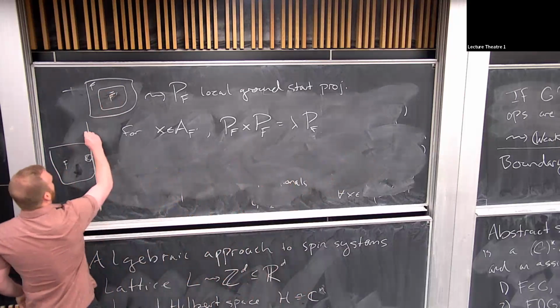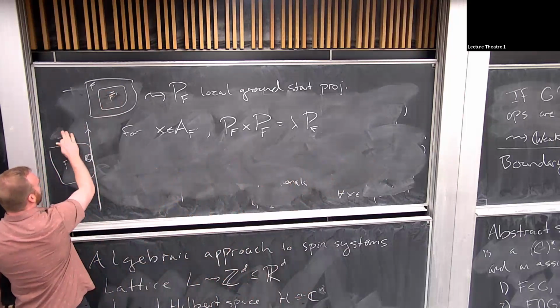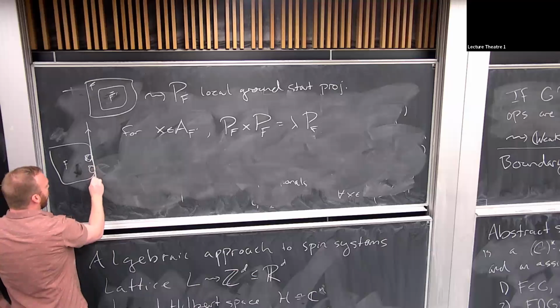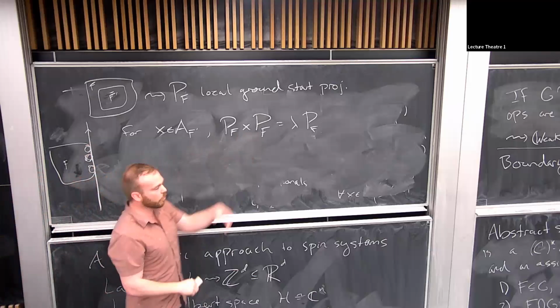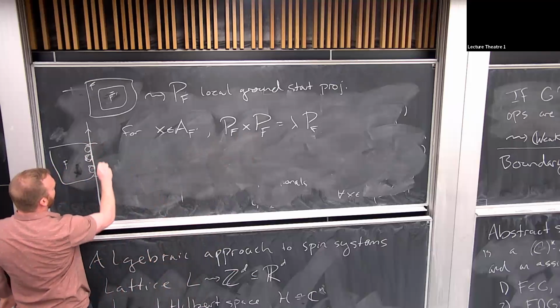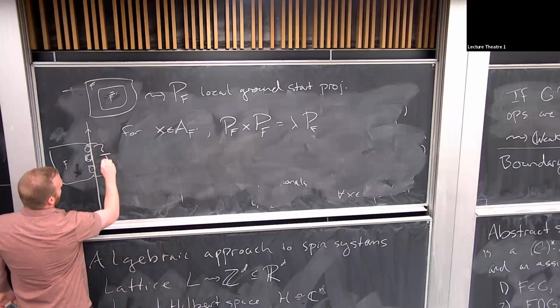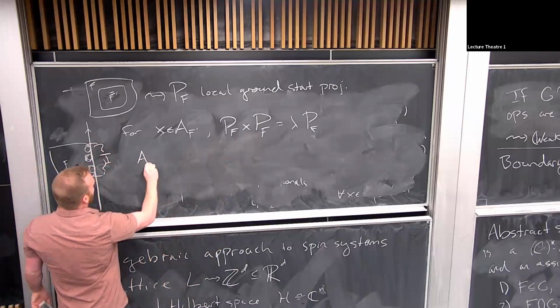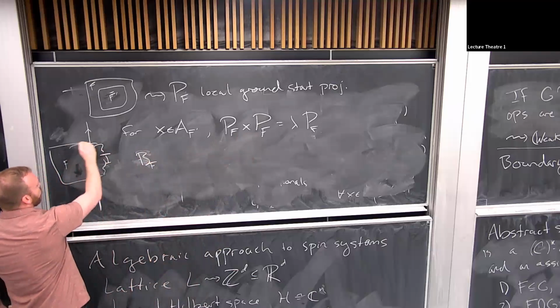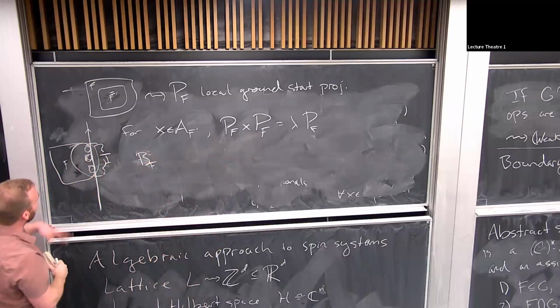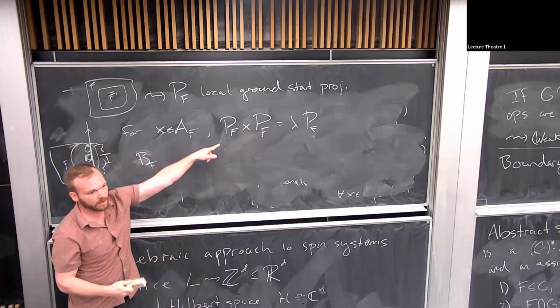I'm imagining I'm cutting this 2D system. I now have this 1D lattice, and I look at my operators that are localized near the boundary, and I squish them between these projections. If this is some interval I, I'll define B sub I, a new net, to be the operators localized in some little region near the boundary in A, and then I sandwich them between these projections.